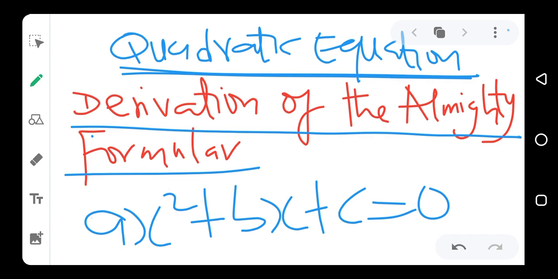Looking at this equation, the first step is to make sure that the coefficient of x squared is 1. Now x squared has a in this general equation, so we are going to divide through by a to make x squared stay alone.